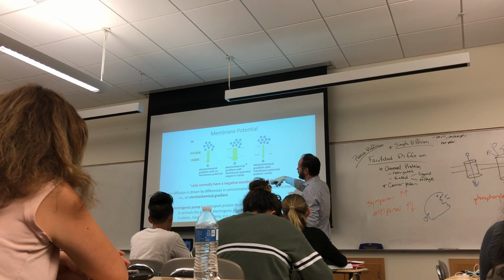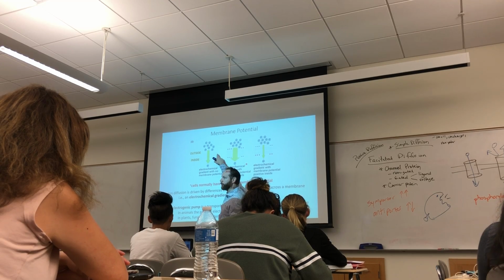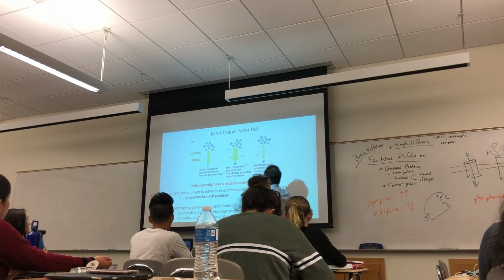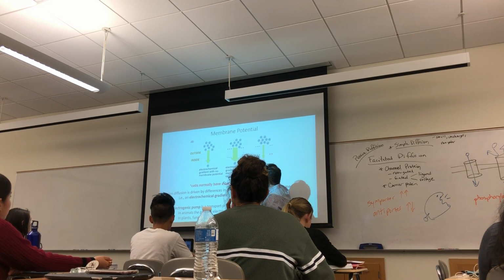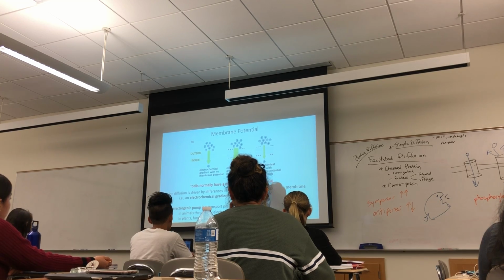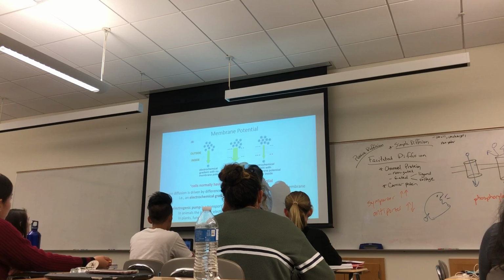So this is what we would call an electrochemical gradient. Why is it electrochemical? Well, I have a membrane potential where one side of the membrane is more negative than the other, and I have a concentration gradient, right?